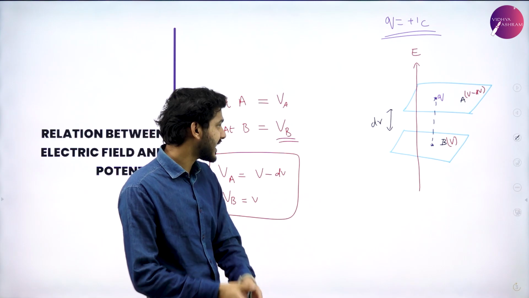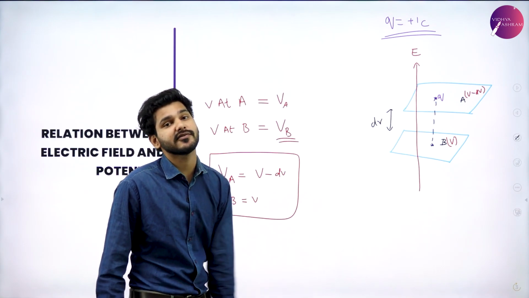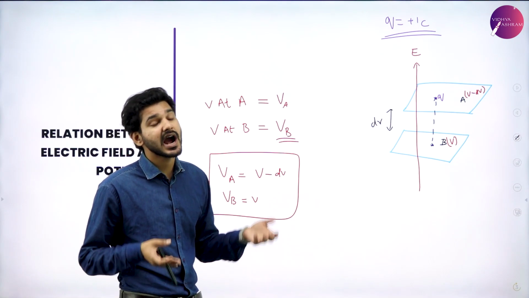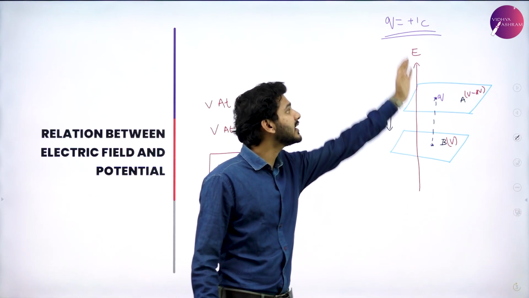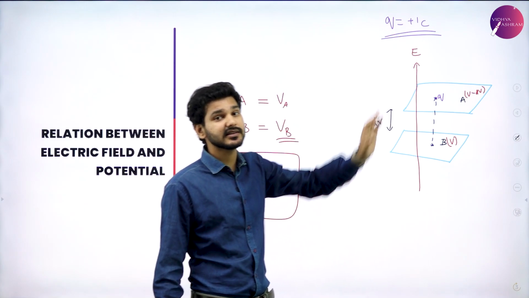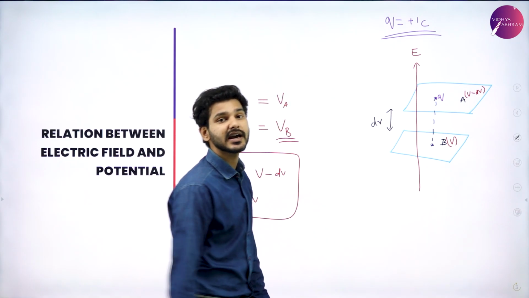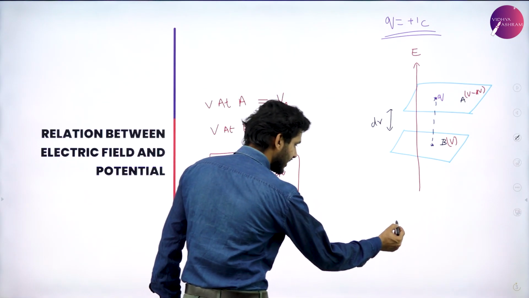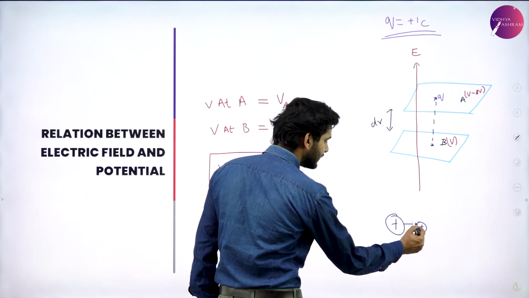Since it is a positive charge moving against the electric field, I have to do work. The electric field is in this direction, which means the force experienced by this point charge will also be in the direction of the electric field, simply because if there is a positive charge and another positive charge, it will be repelled.